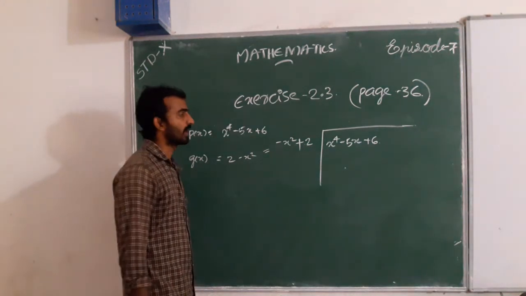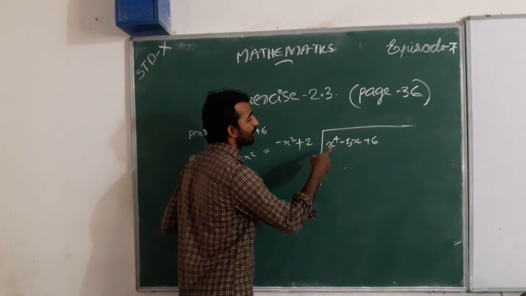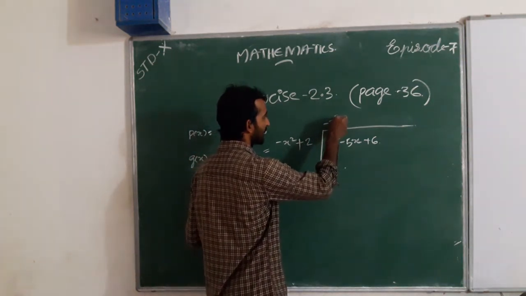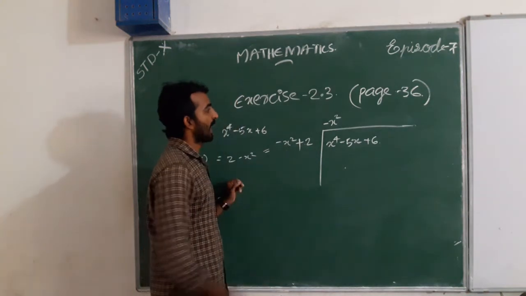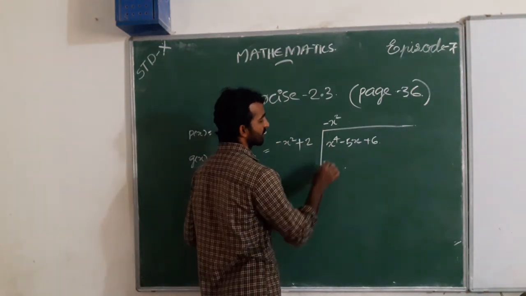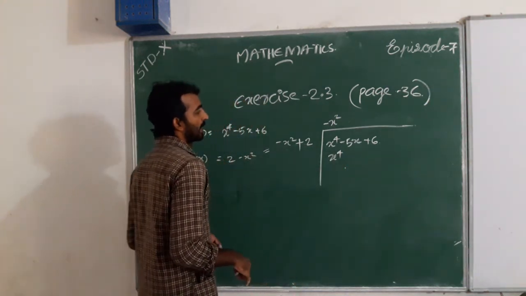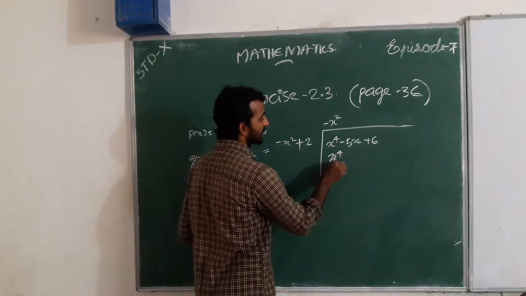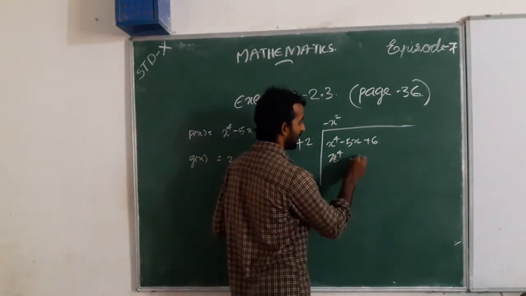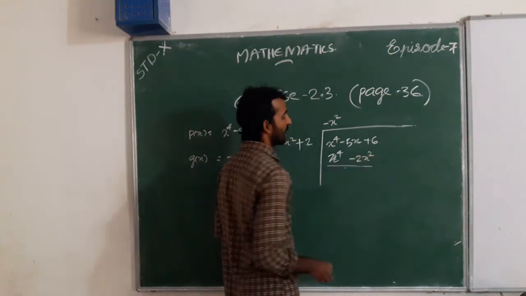That is, x square times minus x square, we get plus x raised to 4, since minus into minus is positive. Next we get minus 2x square.